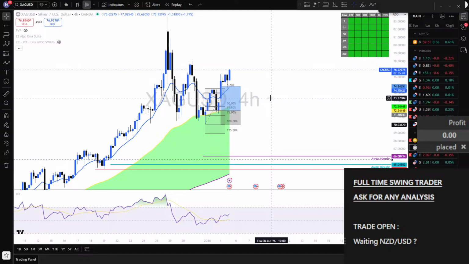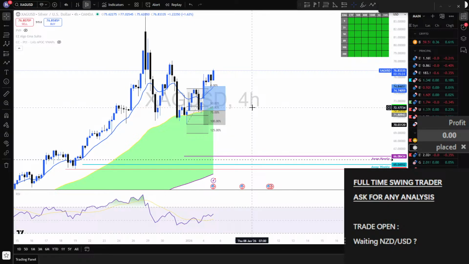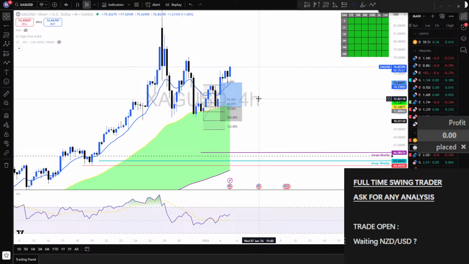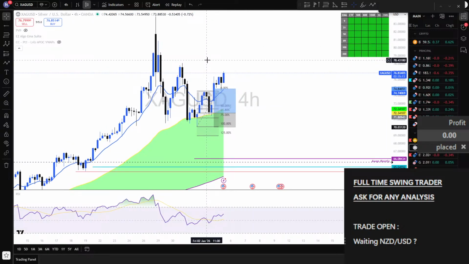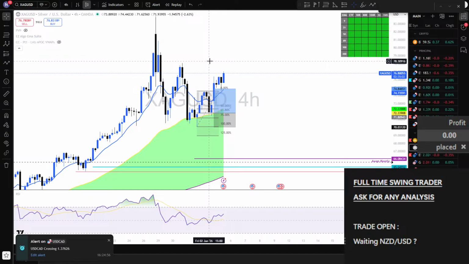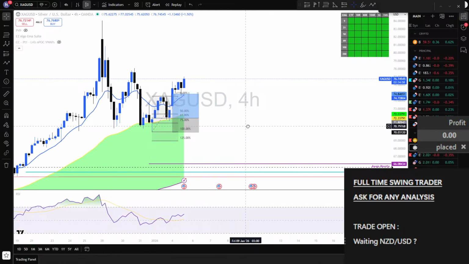Okay. Well, it's a good way to start, but after that, you can start to go in 1 hour to have a better entry, to have more confirmation. So you will have basically a better win rate, a better entry, and a better SL also, if you start zooming in.